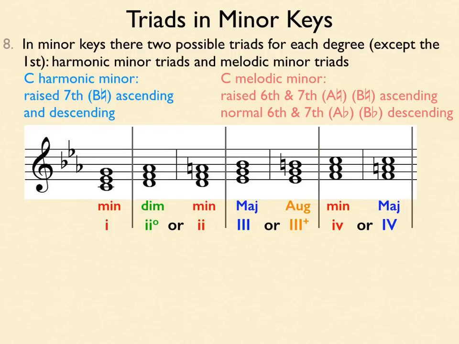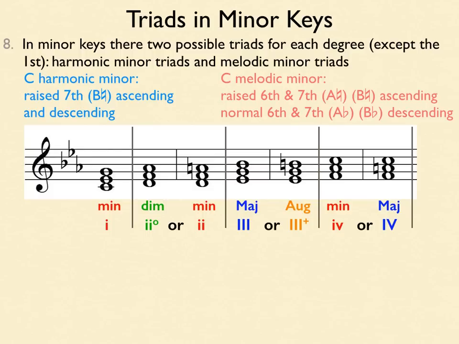So if you look above, the C harmonic minor scale has a B natural, and the C melodic minor has an A natural and B natural. When you put those A naturals and B naturals throughout your triads, you can see that depending on whether you're using the harmonic or melodic minor scale, you can have different triads. That's why minors are a little bit more difficult.